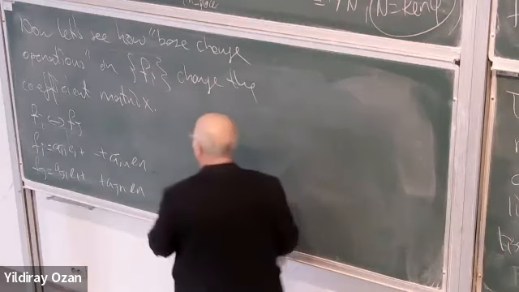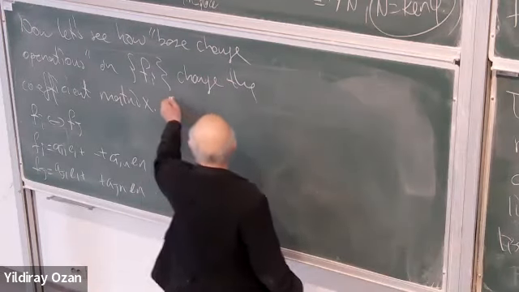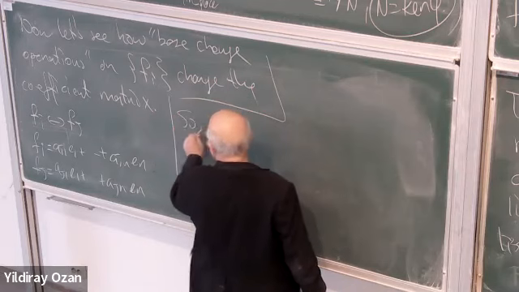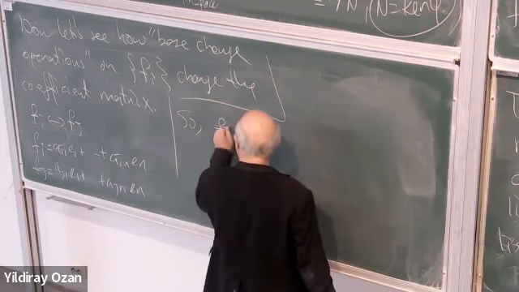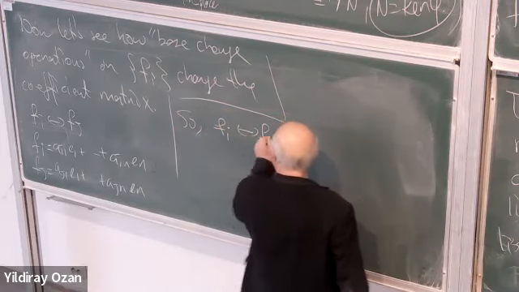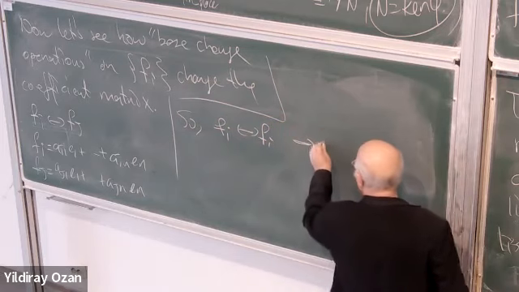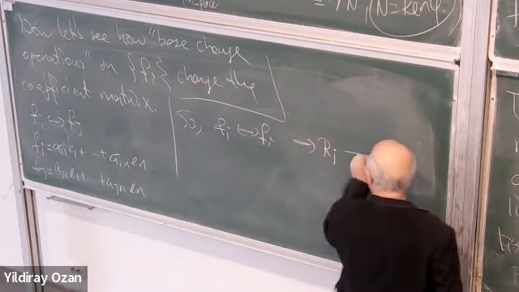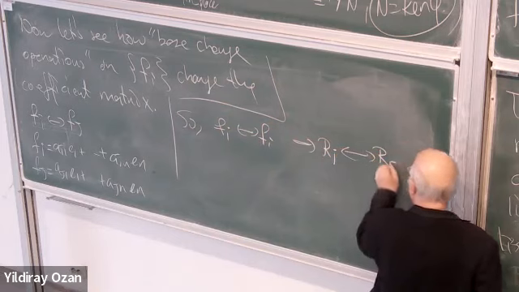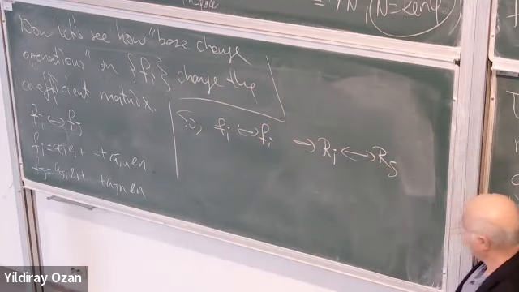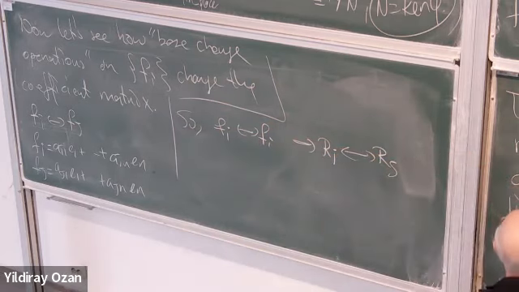Okay. So replacing f_i and f_j corresponds to changing the ith row with the jth row. So this is the ith row, and this is the jth row.